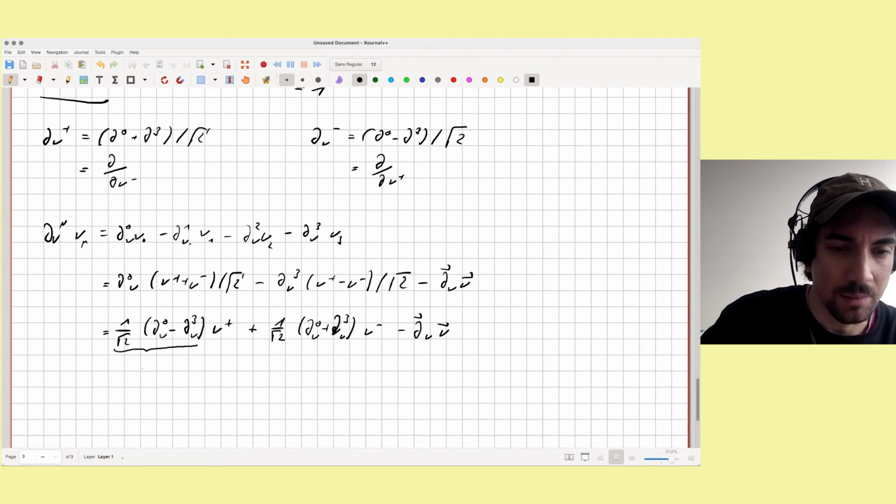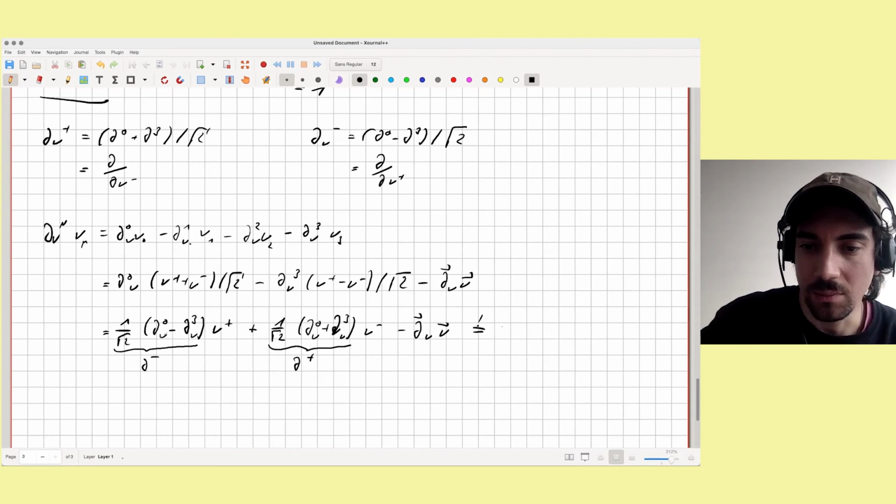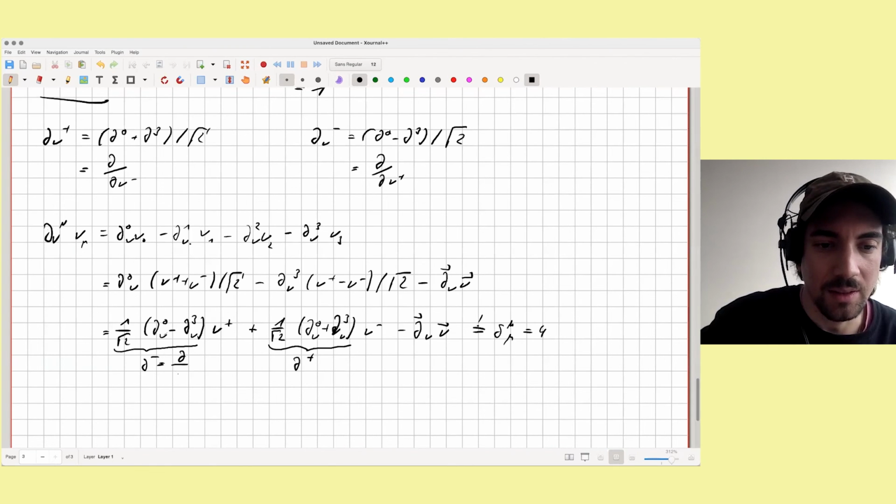And so this is the d minus. And this is d plus. And since we want this here to be, we can conclude that this here is actually X. So this has to give 1 as well as this one has to give 1. And from this, we can then conclude that this must be like stated in the exercise.